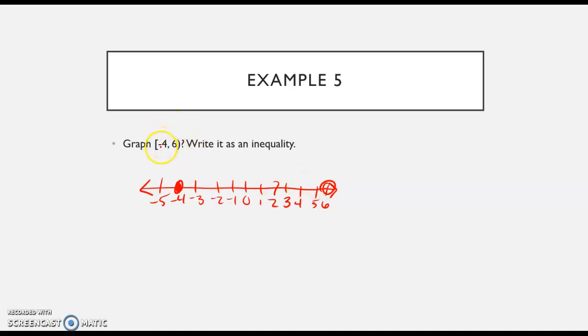And then our low is at -4 and our high is at 6, so this is an and, so we would draw it in between. An or would have your infinities going either way, and then you would have two of these.